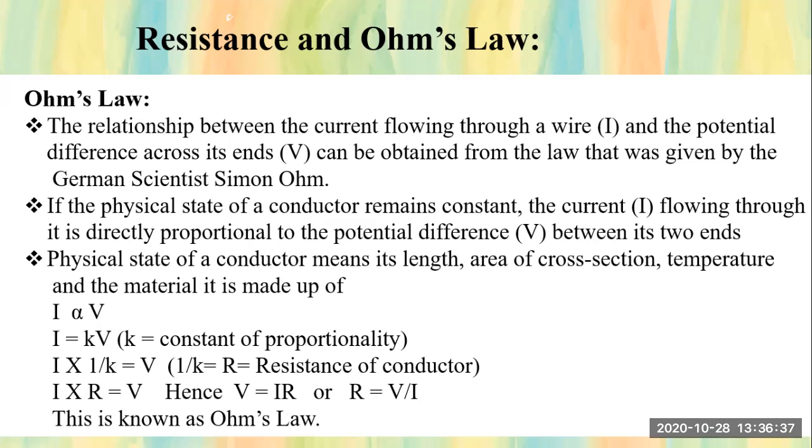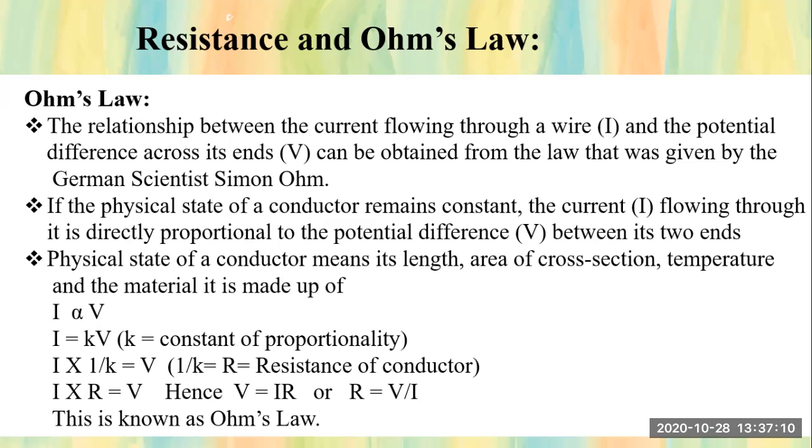Remember, V is for potential difference, I is for current. Now see, 1 upon K equals R, the resistance of the conductor. 1 upon K is nothing but resistance of the conductor. This resistance I will explain very nicely, in detail. Just first see what we are taking right now. 1 upon K is R, and we term it as resistance of conductor.